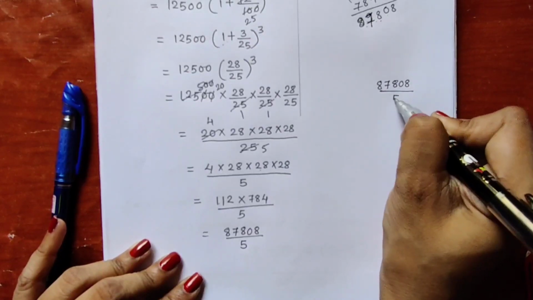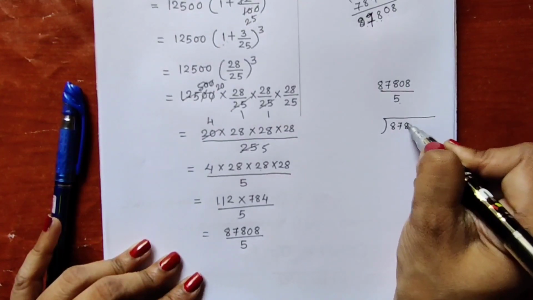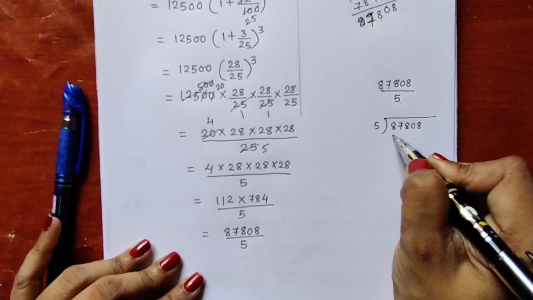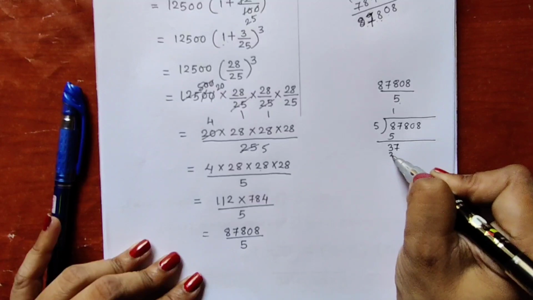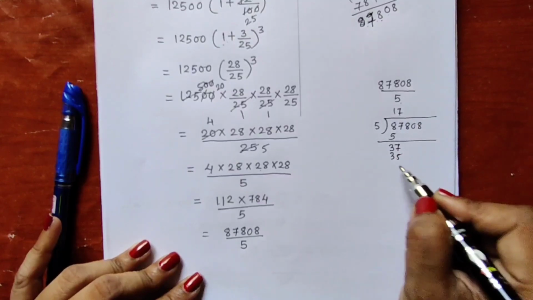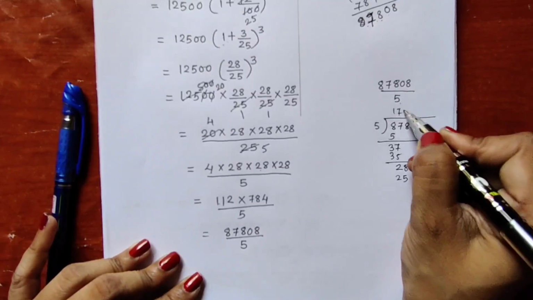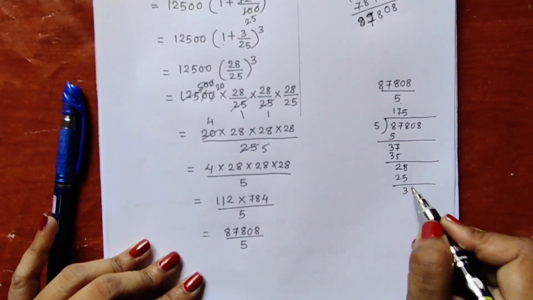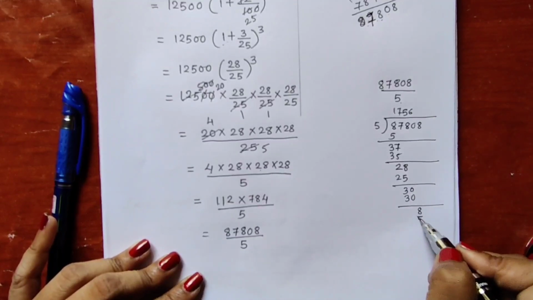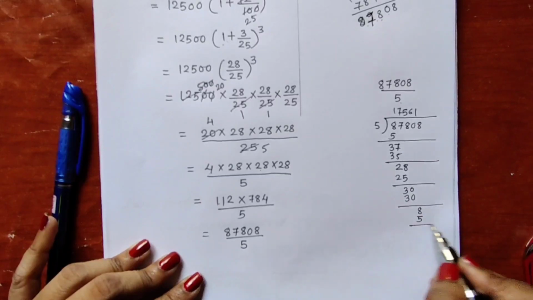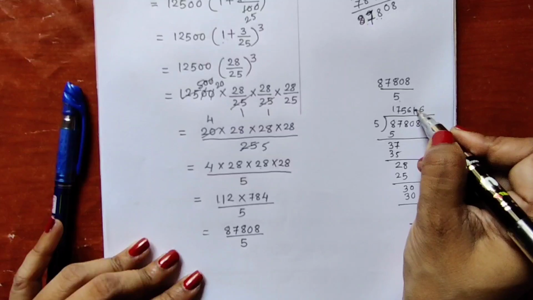87808 divide by 5, or we can do division like this: 87808 divide by 5. 5 ones are 5, 3, 7 we write here, 5 sevens are 35, 2 remaining, 8 we have to write here, 5 5s are 25, 3 remaining 0, 5 6 are 30, then 8 we have to put down, 5 ones are 5, then 3 remaining, 5 6 are 30.